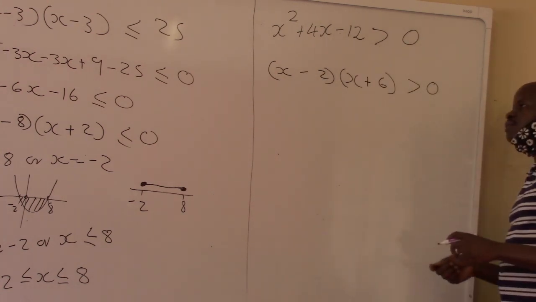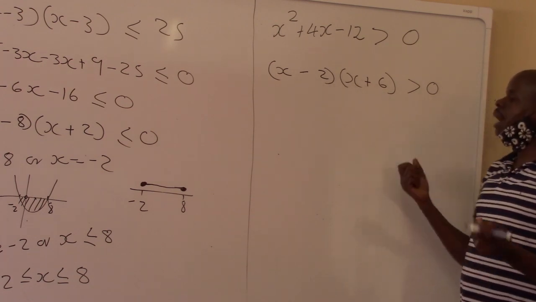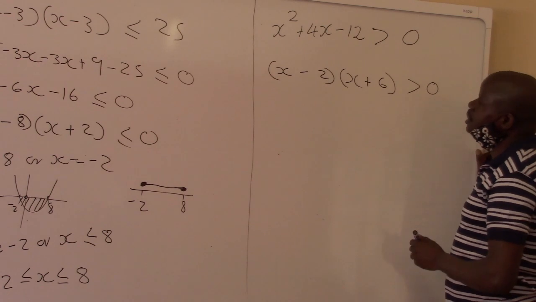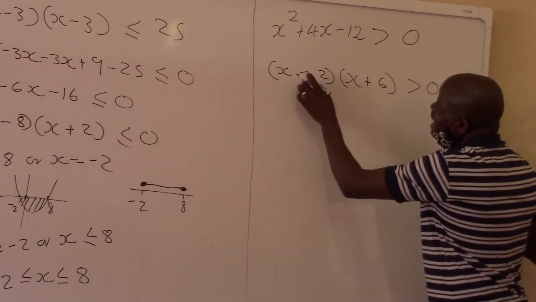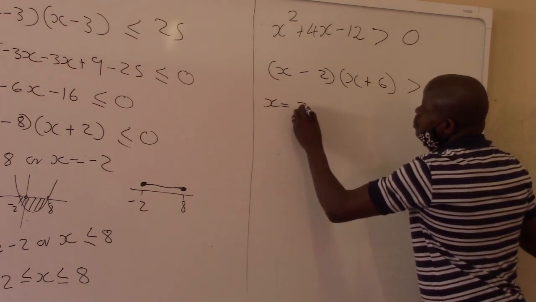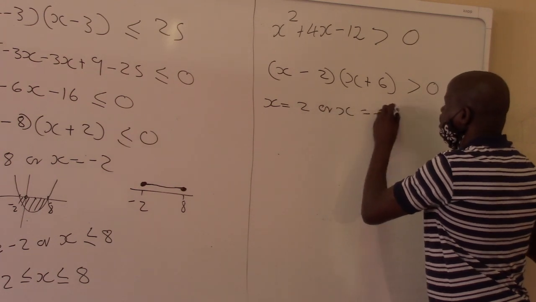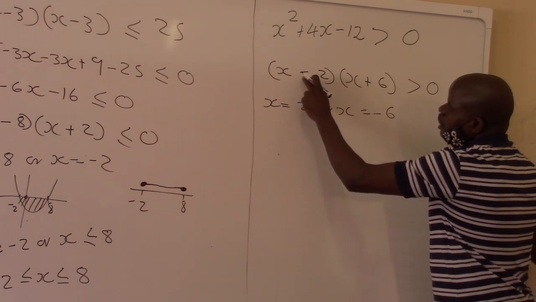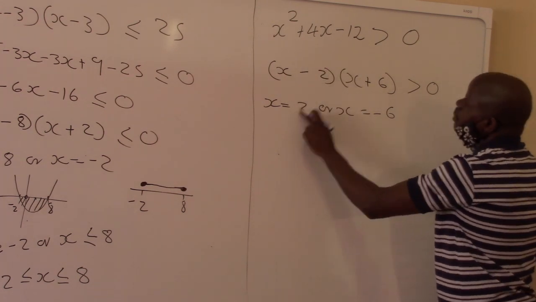So it means that of the factors, one should be positive, the other one should be negative. Then that is how we deal with it. So because of the greater than, the critical values we're having are x is 2 or x is negative 6. Then you remember we spoke about transposing, where positive becomes negative.